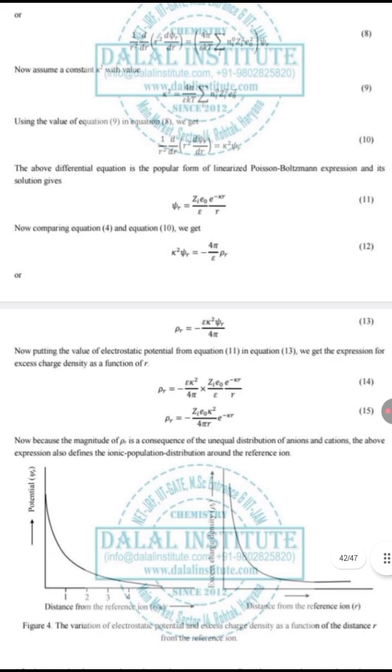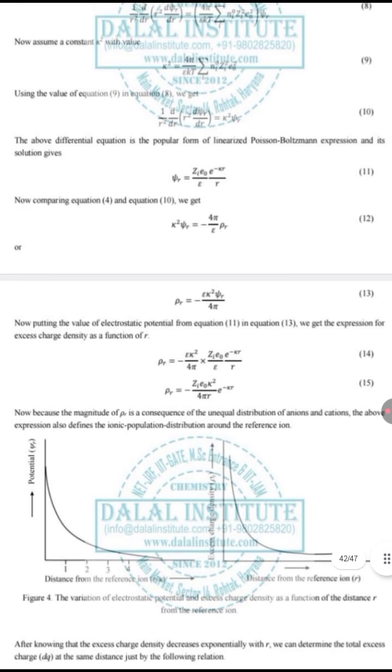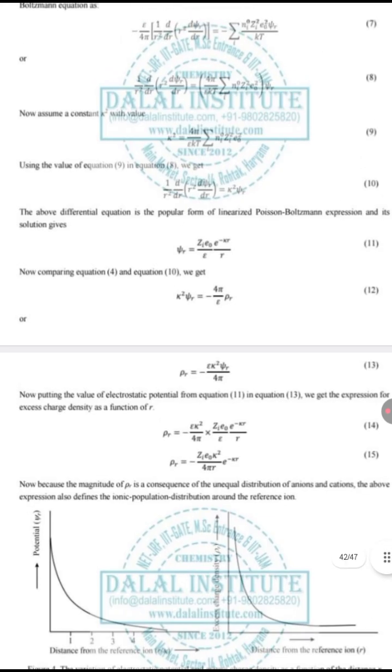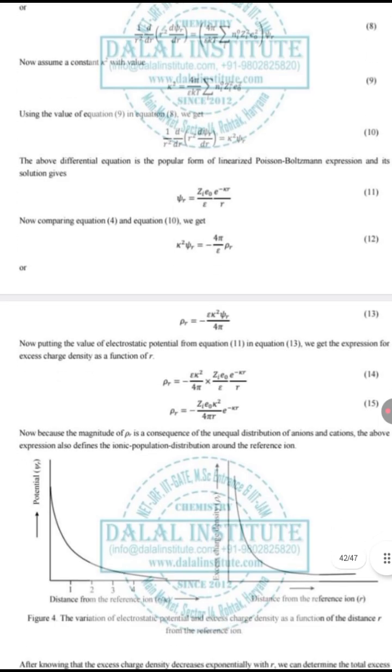Or we can say that (1/r²) d/dr (r² dψ(r)/dr) equals 4π by εkT summation i of n_i⁰ z_i² e₀² ψ(r), equation 8.